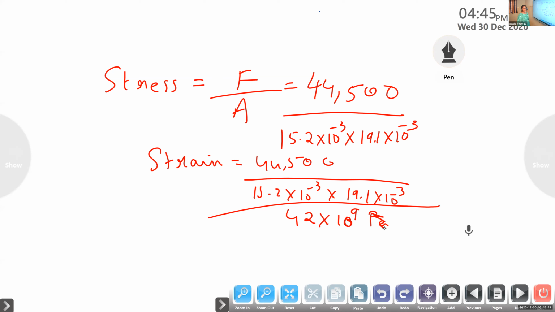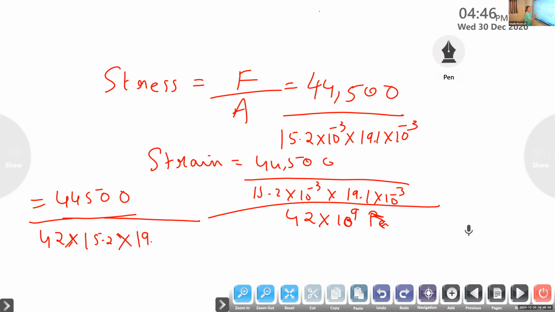So modulus is 42 into 10 to the power of 9. So gradually this will come down. So you will get 44,500 divided by 42 into 15.2 into 19.1 into 10 to the power of 9 into 10 to the power of minus 3 into 10 to the power of minus 3. We can keep all the powers together.